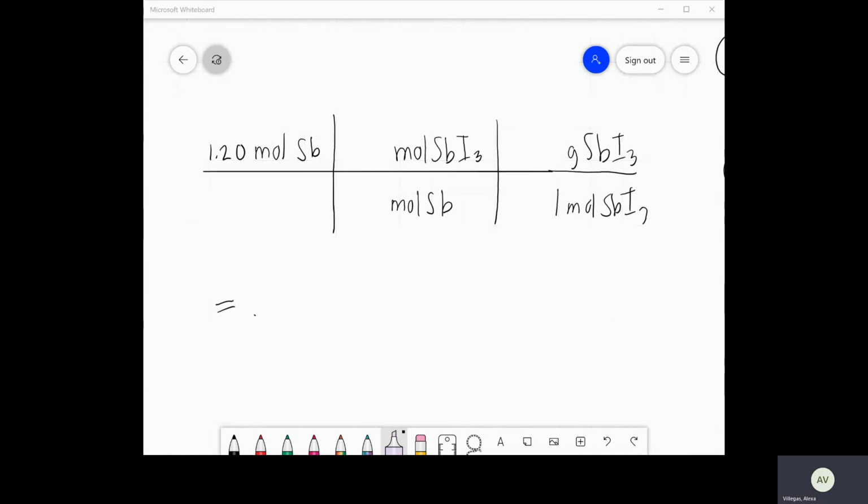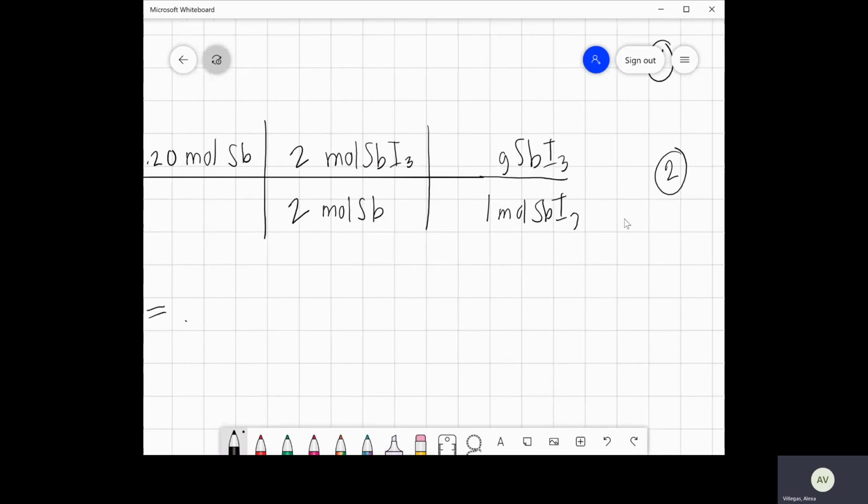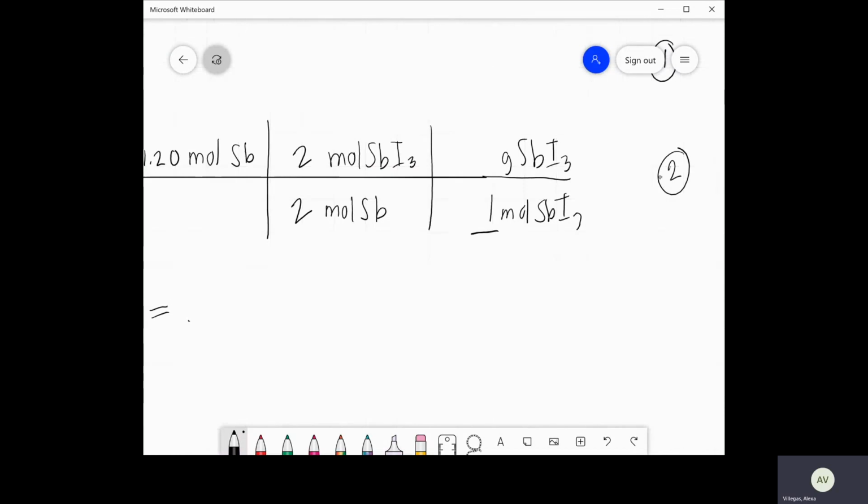I have 1.28 moles of antimony, and I have every 2 moles, I get 2 moles of antimony triiodide, and I know that in 1 mole of this, I take the molar mass to convert it to grams.